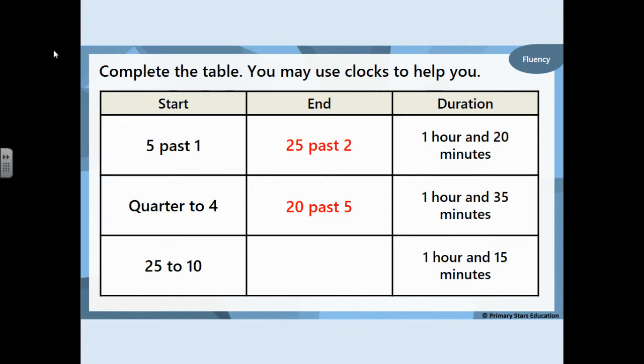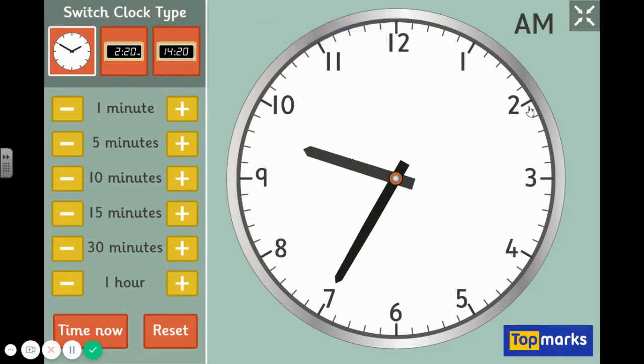I'm going to do the last one. I'm going to do it slightly different to normal. So the start time is 25 to 10. And my duration is 1 hour and 15 minutes. So my time is 25 to 10 and I need to add 1 hour and 15 minutes.